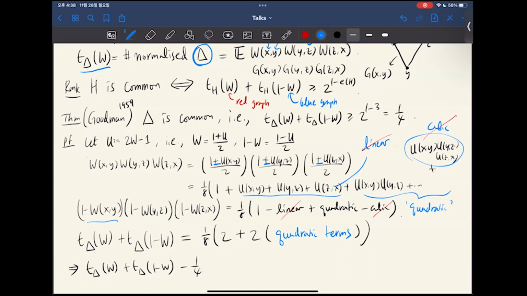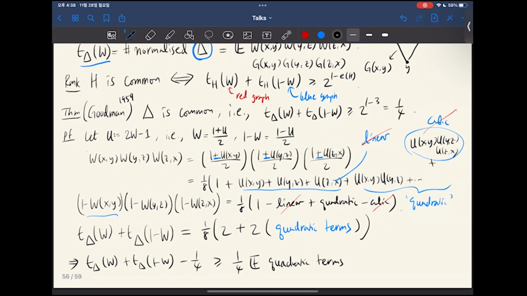Okay, and hence, if I calculate this quantity, the triangle count in W and the triangle count in 1 minus W minus 1/4, then it's simply a quarter times the average of the quadratic terms.